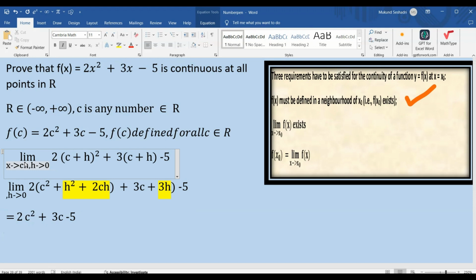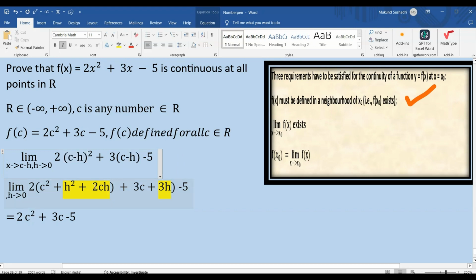As a quick check, what we do is we replace c with c minus h and try and check out what will be the limit. So all that we are doing is we are picking up a number which is very close to c, but which is smaller than c, and that is why we are representing it as c minus h and h tending to 0, right?